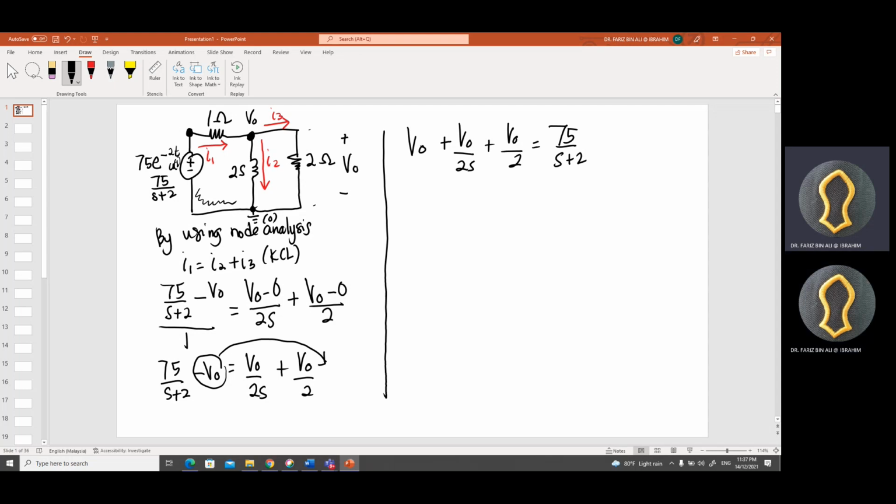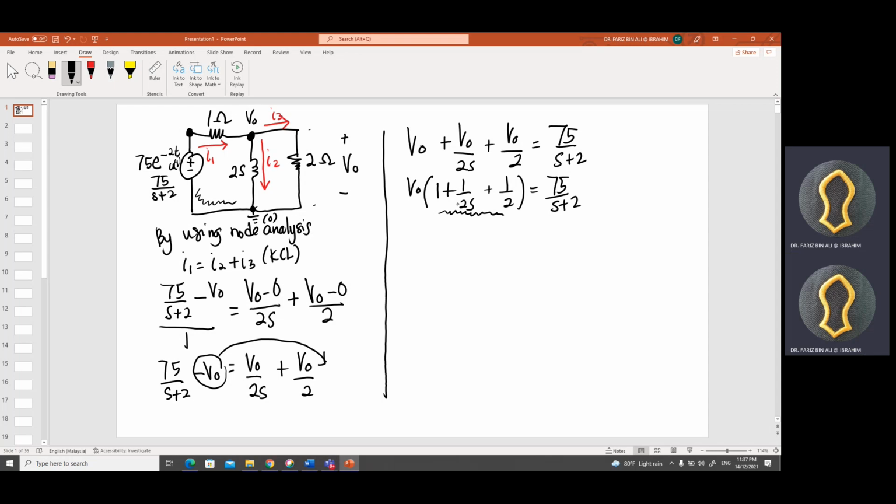So I can factorize, make V naught outside, and inside I have 1 plus 1 over 2S plus 1 over 2, equal to 75 over S plus 2. Then simplify the bracket.